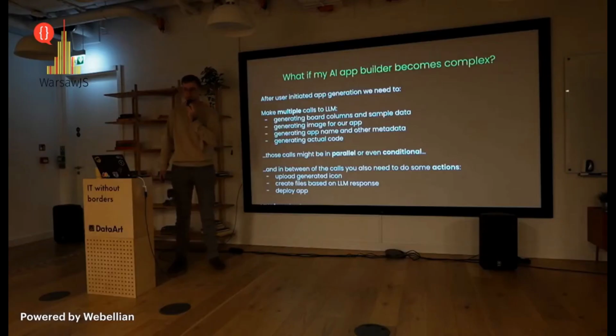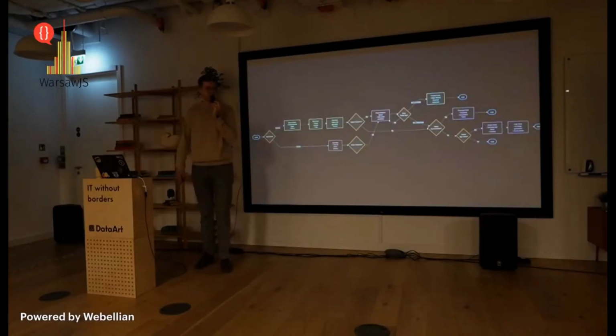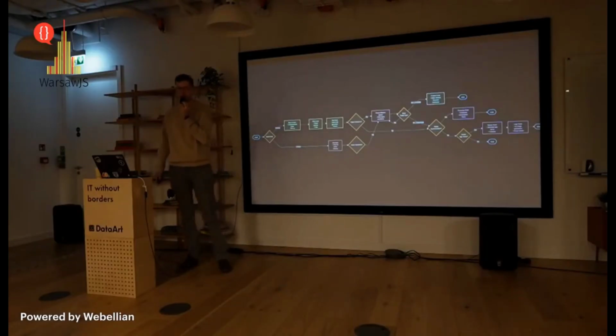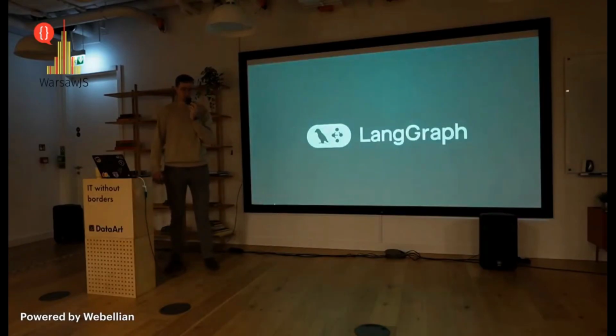And these calls might be optional or in parallel. And in between these calls, you will also need to do some additional actions. So all of that seems pretty complex, especially when you are at a very early stage, when it's just an MVP. So to help ourselves, we used LangGraph.